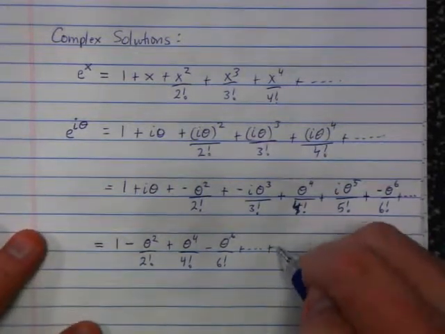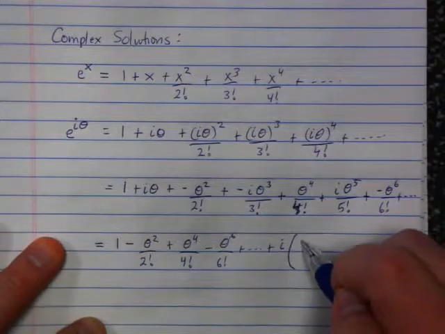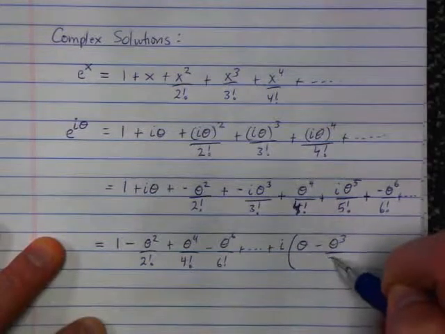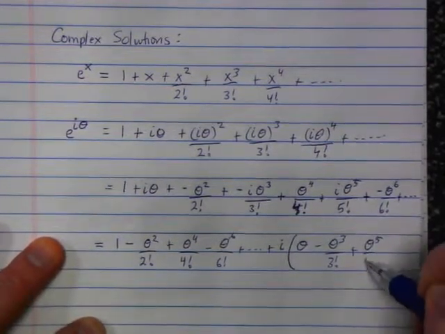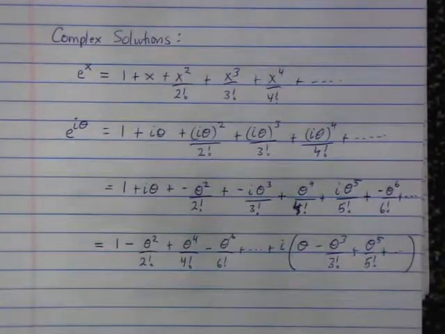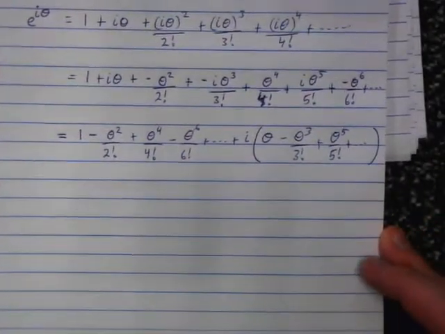And then plus all the ones that have an i in them. The ones that had an i in them were just theta minus theta cubed over 3 factorial plus theta to the 5th over 5 factorial plus, and they go on and on forever. Better?